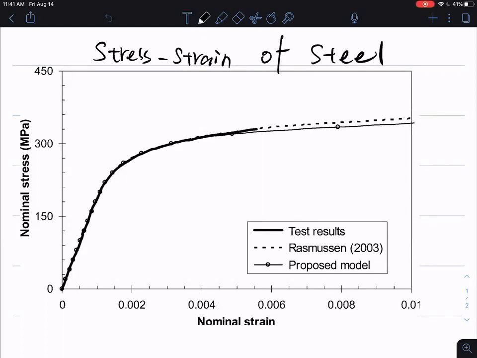The parallel line will have an intersection with that curve somewhere. You find the intersection, and you read off from the diagram the corresponding stress.